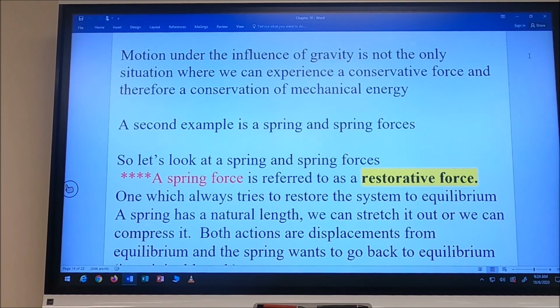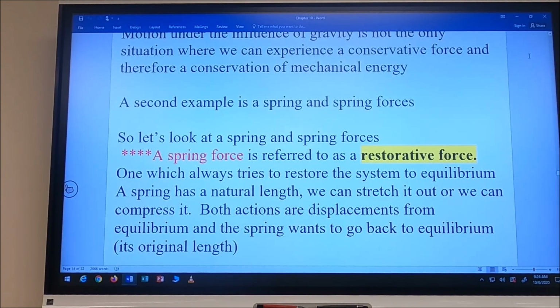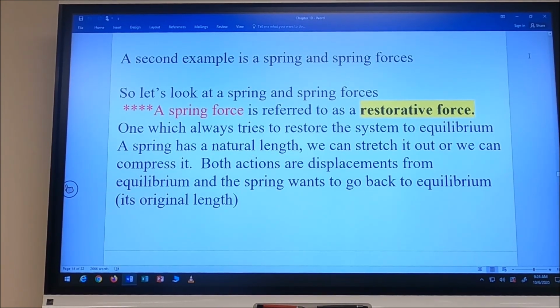So if I pull, the spring wants to pull back. If I push or compress, the spring wants to push out. And it's a restorative force. The spring always wants to go back to its natural length, which is called its equilibrium position. Okay? So whether I stretch or I compress, it wants to go back to its original length.